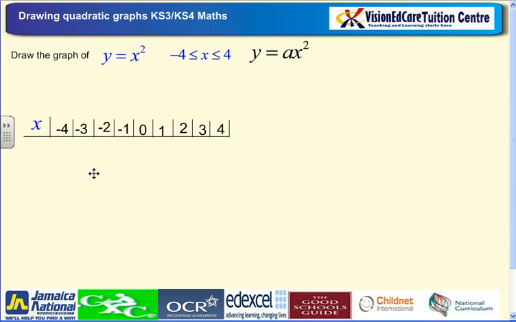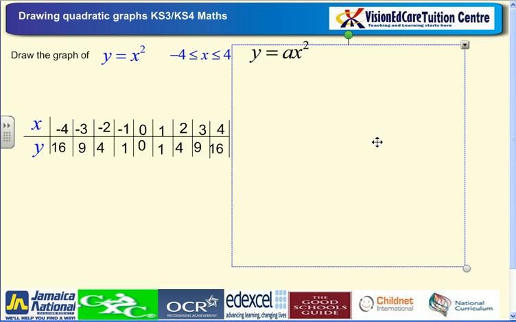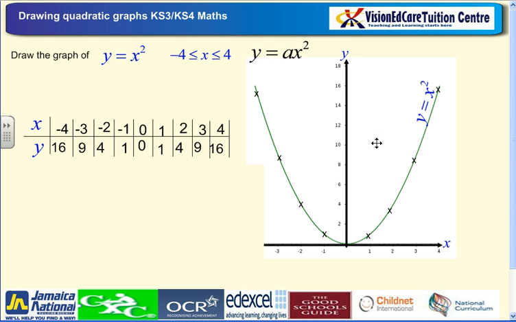So for minus 4, when x is minus 4, it means that minus 4 times minus 4 is going to give us positive 16, and we work out all the y values which are in the table here now, and then we draw our graph. So I'm going to show you the graph here, and then we're going to have a discussion about it.